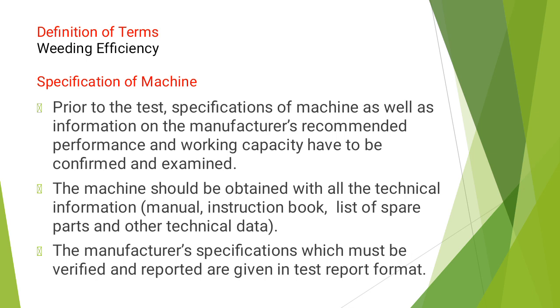The implement should be obtained with all the technical information like a manual instruction book, list of spare parts and other available technical data. The manufacturer specification which must be verified and reported are in the test report format.